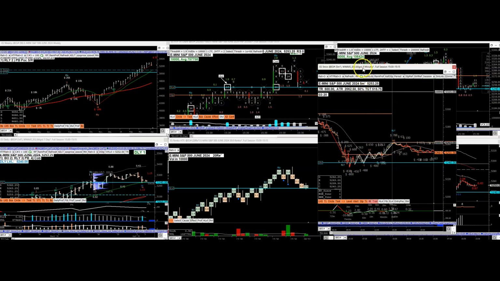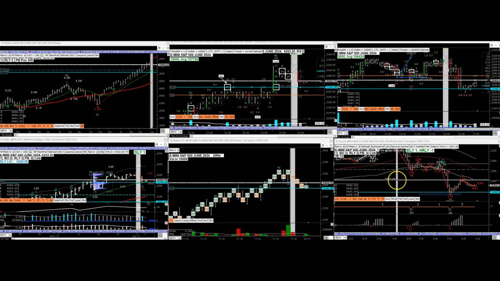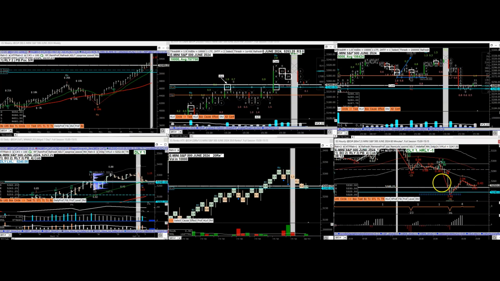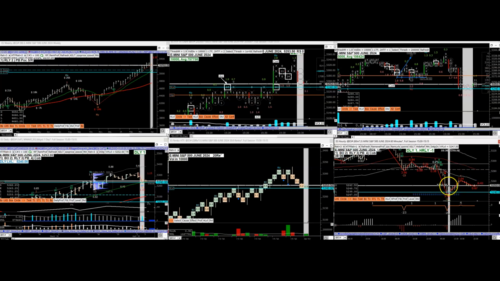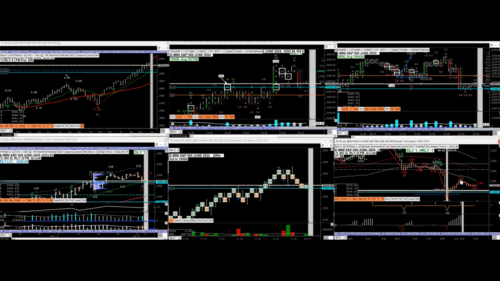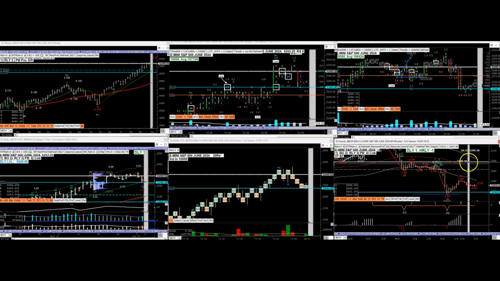But I need to see the hourly turn, because I don't know why, but it didn't have big price bars on the hourly. So that is not good. It is bullish right now, but it's just not bullish enough.